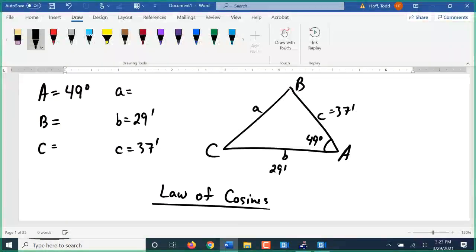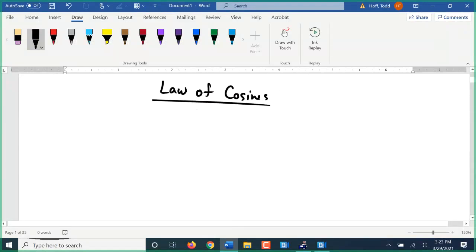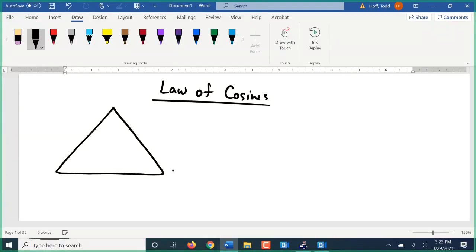Now, to make this formula work a little easier for you, I'm going to draw a new triangle down here for information, just because it's easier. So I have my sides and my angles, ABC, little a, little b, little c.